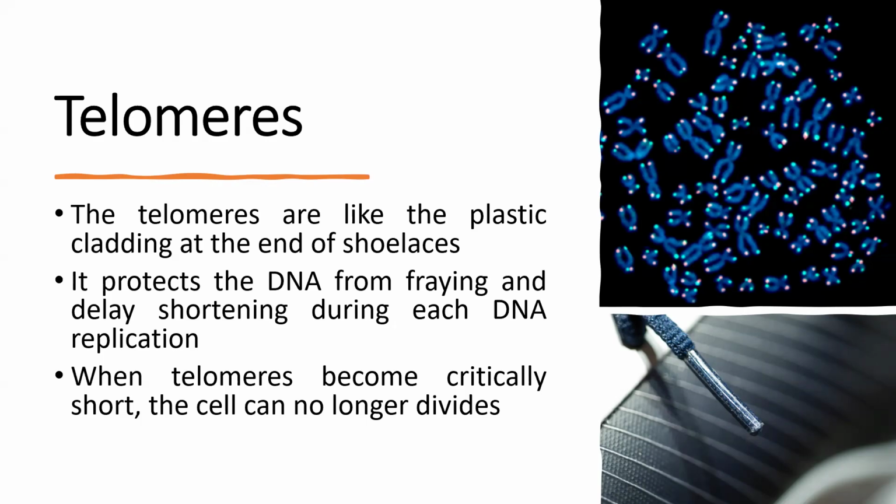And then the cell will no longer be able to divide. Okay, it's not allowed to divide anymore because if you do go through another round of division, you will end up losing important DNA information. Okay, so most cells can go through like 30, 40 rounds of divisions, and then it will not be allowed to divide anymore. Okay, the cell becomes senescent.